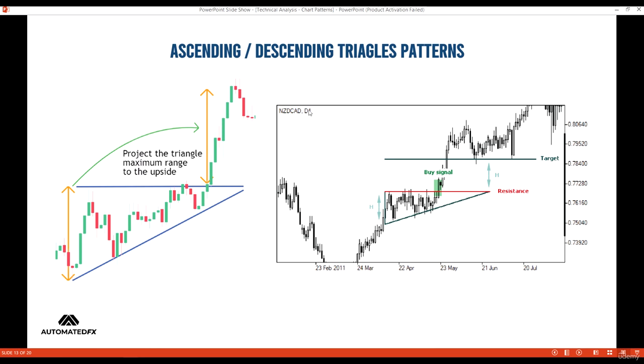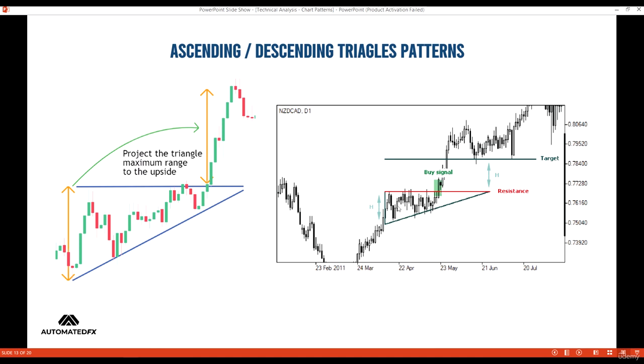As you can see, this is a daily time frame, so it just plays out more or less precisely. But if you look very well, you still observe that the pattern actually played out.